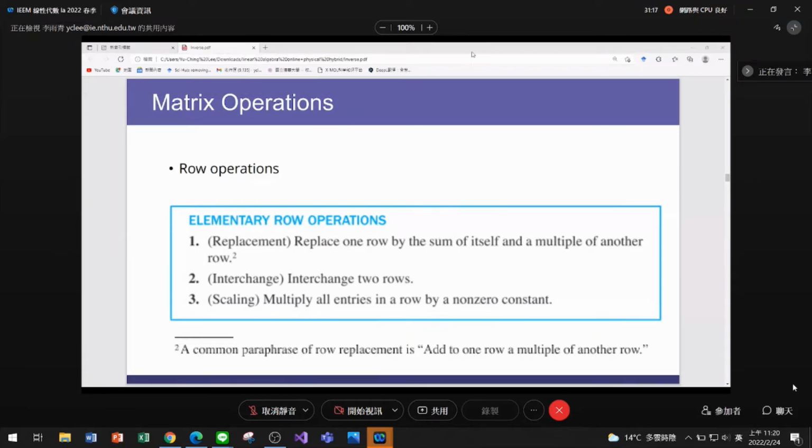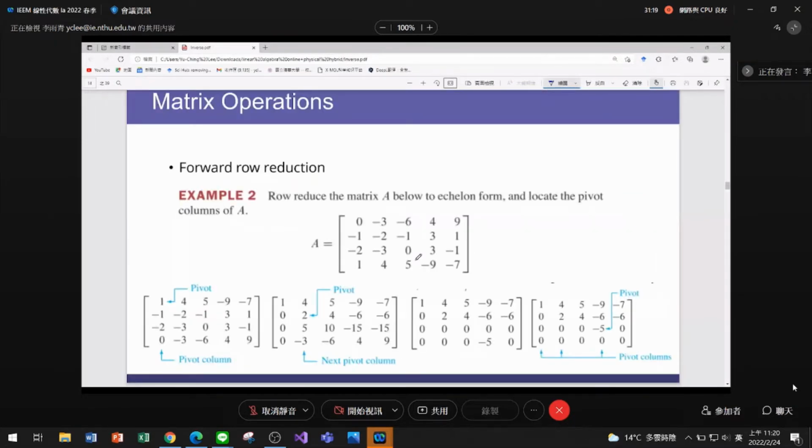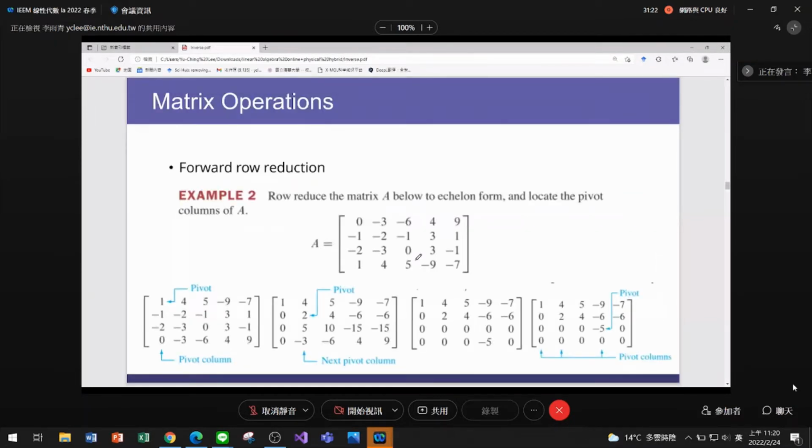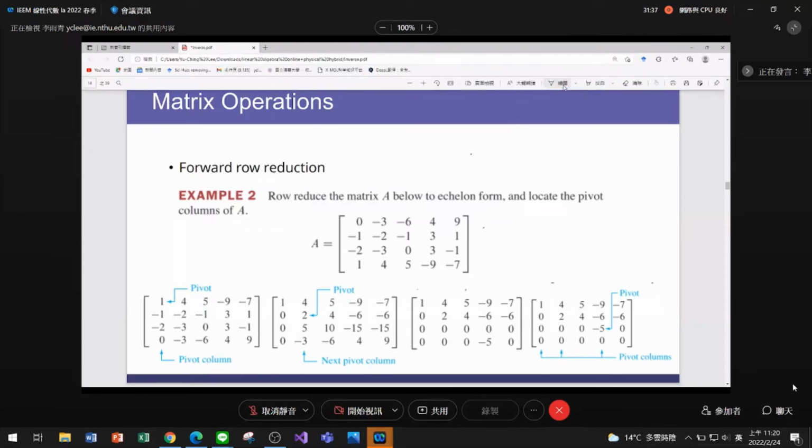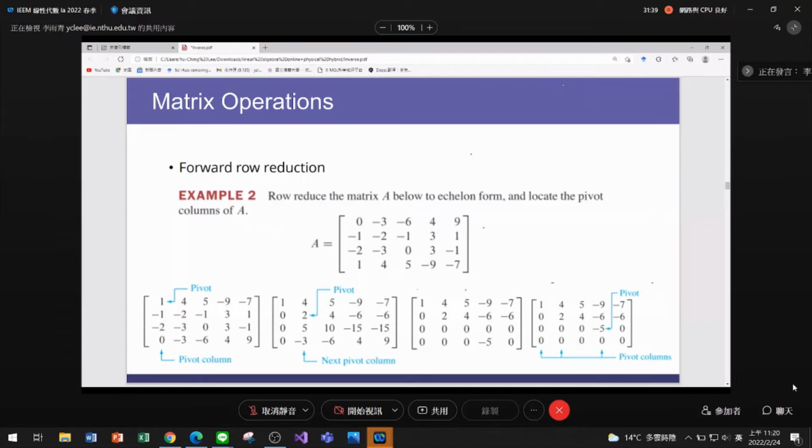And so the next thing we are going to do is called forward row reduction. Row reduction uses the three row operations to do the job.